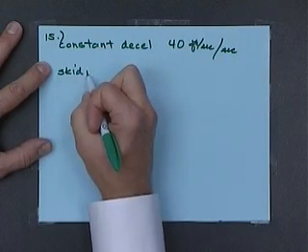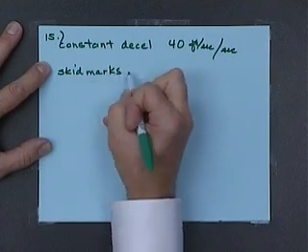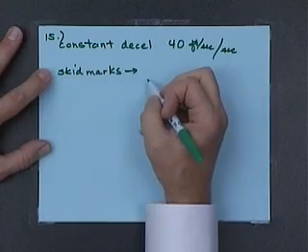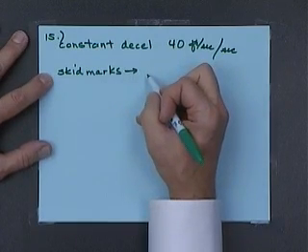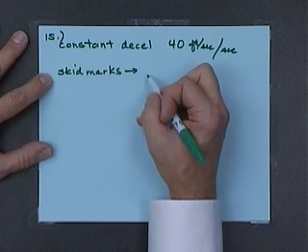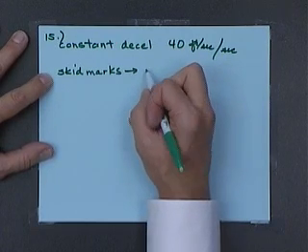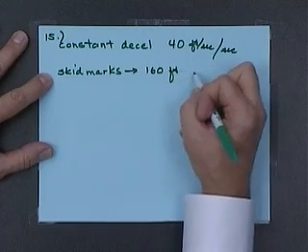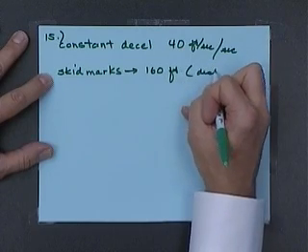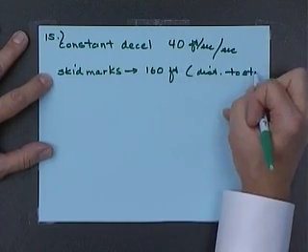What problem number is this? 15. All right, skid marks. Wait, that's a distance, isn't it? That's how long it took it to stop? Yeah, 160 feet before coming to a stop. And then the question is, how fast was the car traveling when the brakes were first applied?